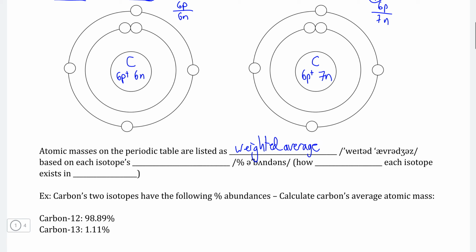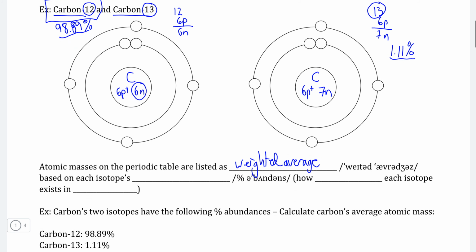For example, 98.89% of all carbon that exists on Earth exists as carbon-12, meaning it has 6 neutrons rather than 7, and the remaining percentage of carbon-13 would therefore be 1.11%, approximately speaking. Again, these are not exact, but are simply a collection of survey data that has been rounded.